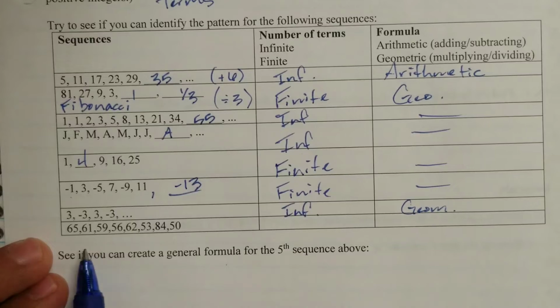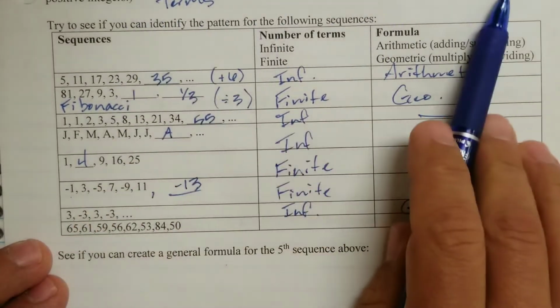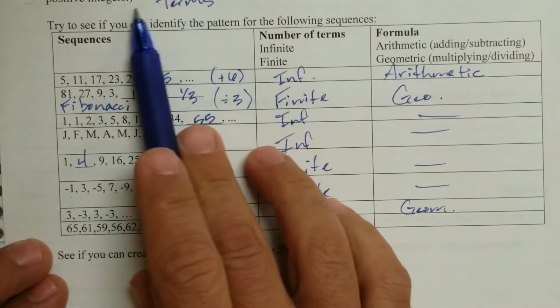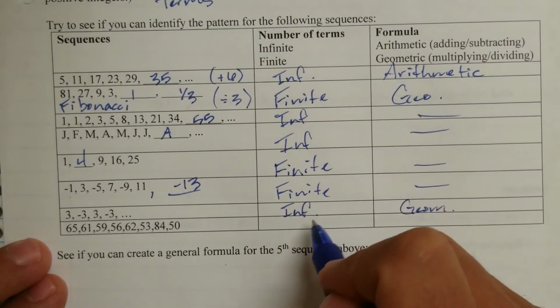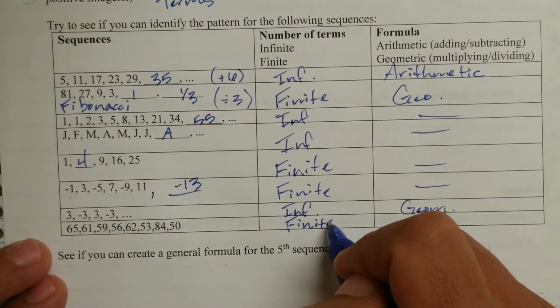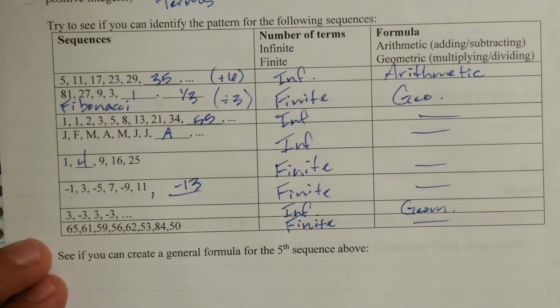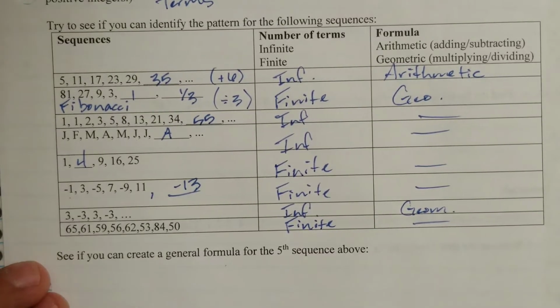So this would still be considered a sequence because we can put a one-to-one correspondence to these scores. So that would be finite, neither arithmetic nor geometric. So there's no real pattern there.